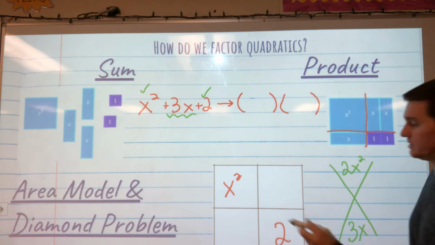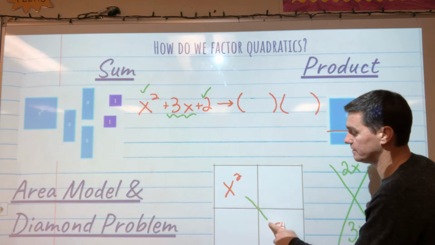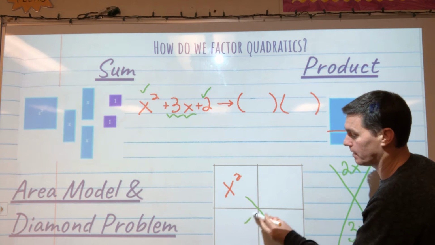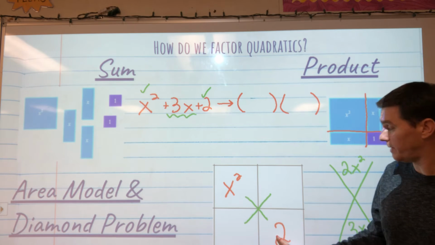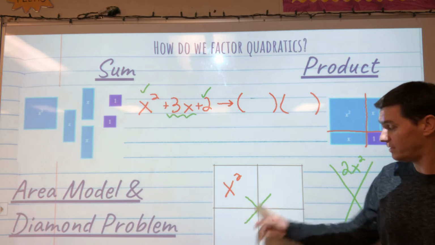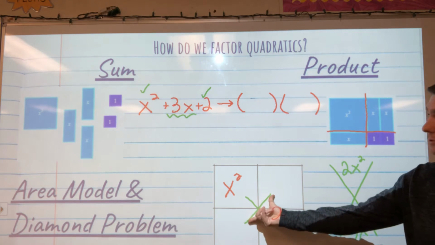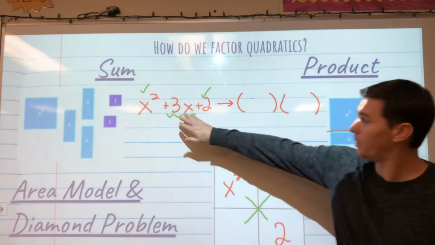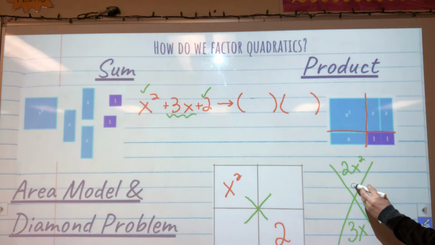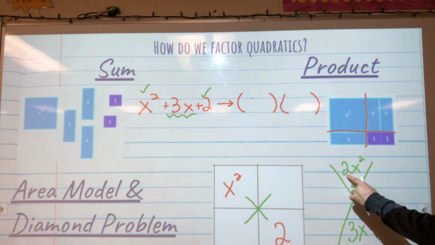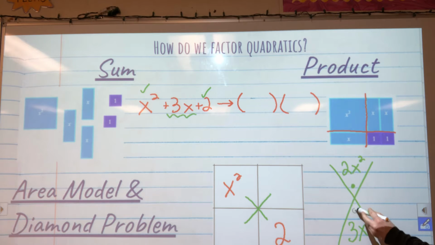What we found is this pattern where whatever these multiply to be, these multiply to be, and that's called Casey's pattern. All right, so if these multiply to be 2x squared, then what do these multiply? Okay, these also multiply to be 2x squared, but we only have 3 x's to work with. So this diamond problem works like this. We need 2 numbers that multiply to be 2x squared and 2 numbers that add to be 3x.